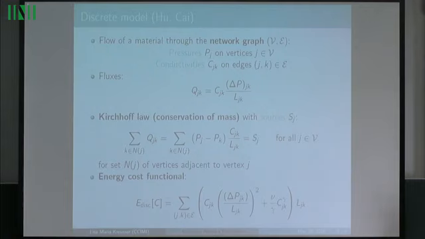One can show that if you consider the graph associated with all conductivities being positive, this is a necessary and sufficient condition for existence of solutions of those pressures P. And once we have those pressures P, we can plug them into our energy functional down here and minimize with respect to the concentration C.